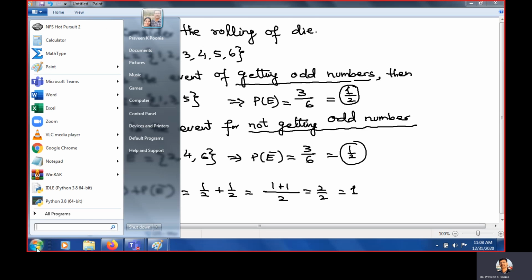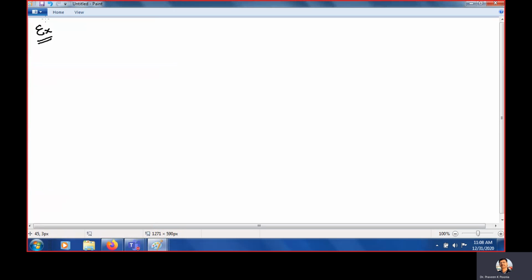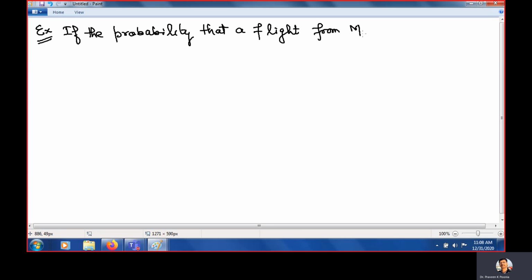Understand? One more question we can take here. If the probability that a flight from Muscat International Airport is delayed is 0.14.